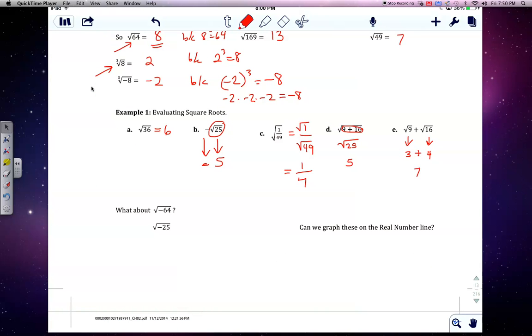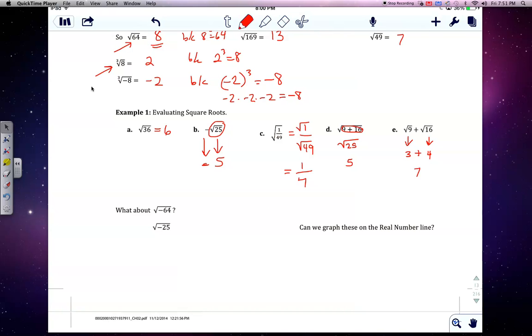Now let's look at what happens. We'll see more of this in the next section. But what if I have the square root of negative 64? Well, some students might answer the answer is 8. But does 8 squared equal negative 64? And the answer is no. Negative 8 squared would be positive 64, so that would not work either.